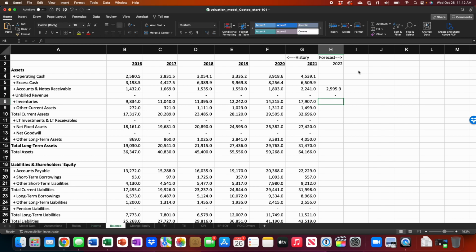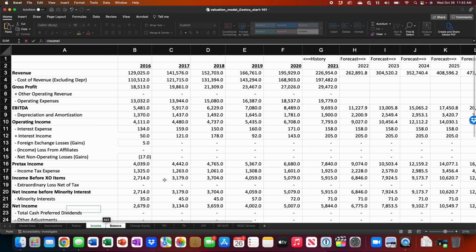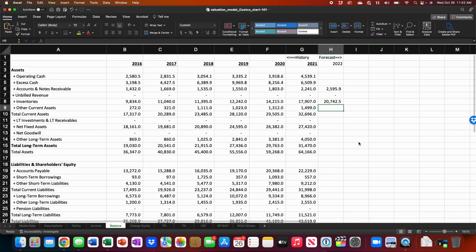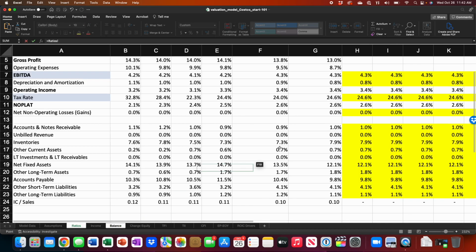Next, we have inventory, equals, I go the other way, equals income, which is H3, times ratios, H16, which is inventory as a percentage of sales. I can go either way. But 20,742.5 million.